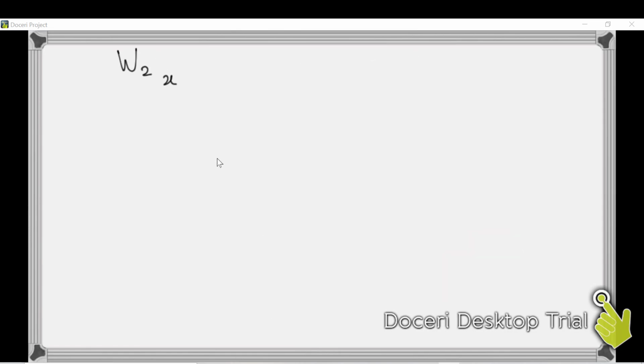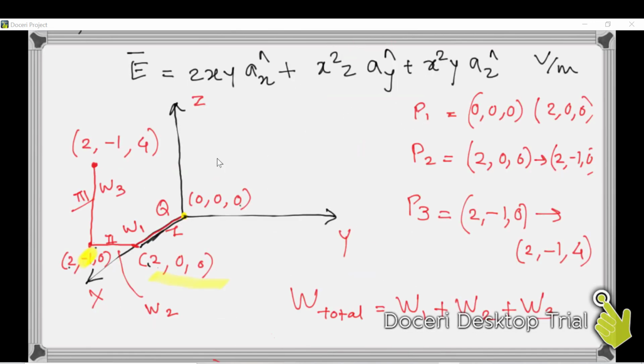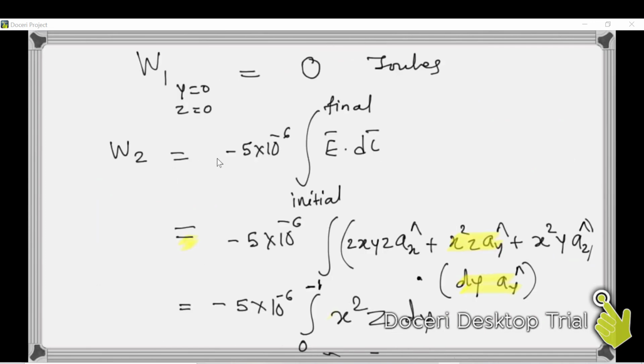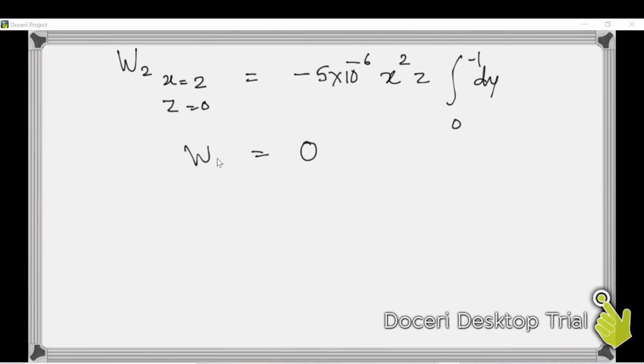For path W2, what is the value of x? X is 2. See in the diagram, x is constant, it is 2. But z is 0. X is 2 but z is 0. So in our equation, 5 microcoulomb multiplied by x square z, because these two quantities are constant, and integration of dy is there only from 0 to minus 1. So if you put z equal to 0, this equation will again become 0. So W2 is also 0 joules.